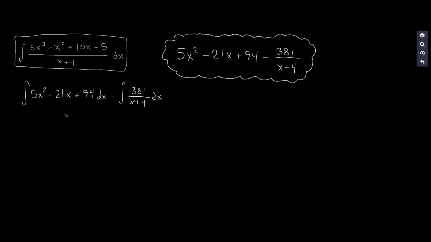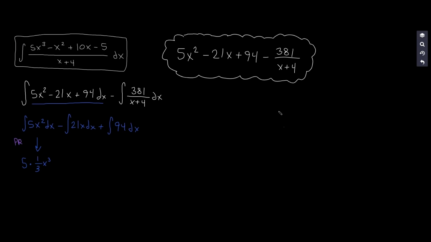Now, how are we to solve this? Well, let's work on this one first. Now remember, this is the same thing as, what's the antiderivative of 5x squared? Well, first thing to do is factor out that 5, and then we'll multiply it times 1/3 x cubed. I'm using the power rule for this. I'll go ahead and write out the power rule.